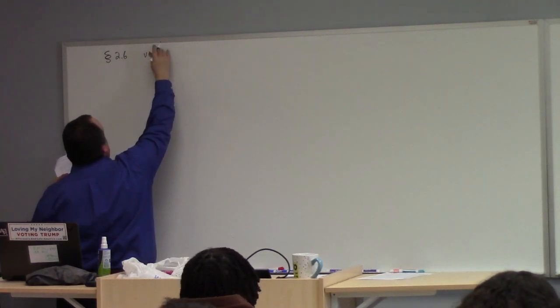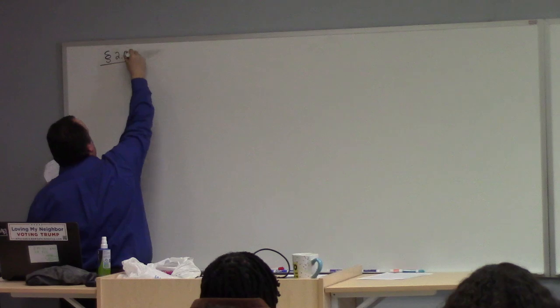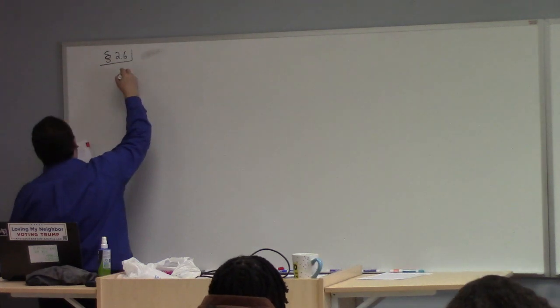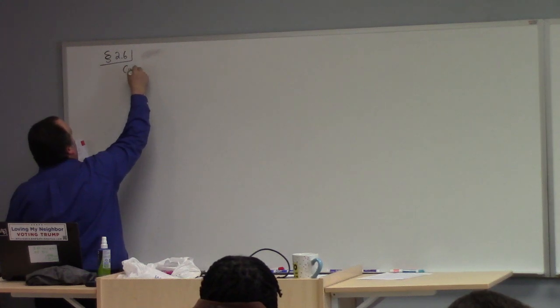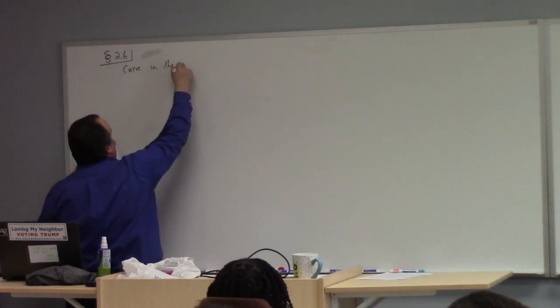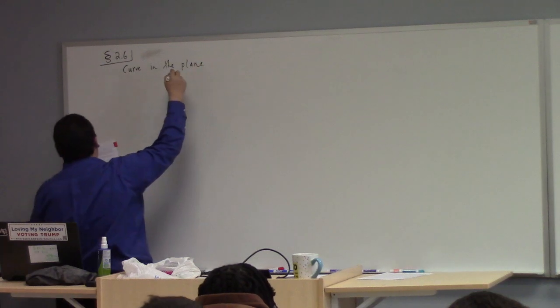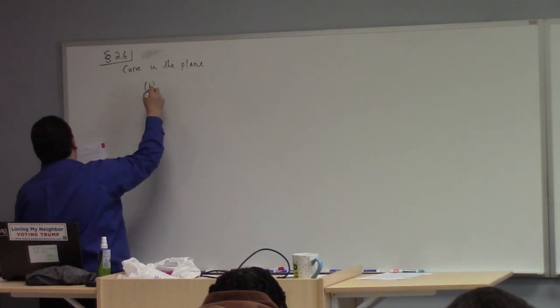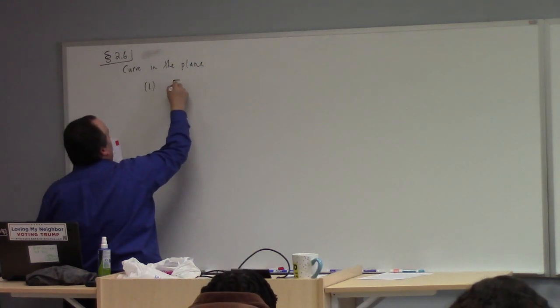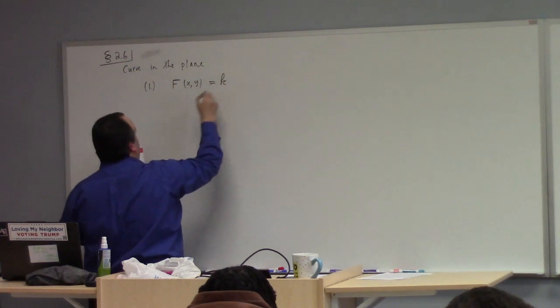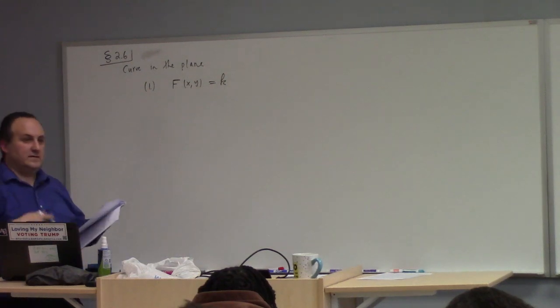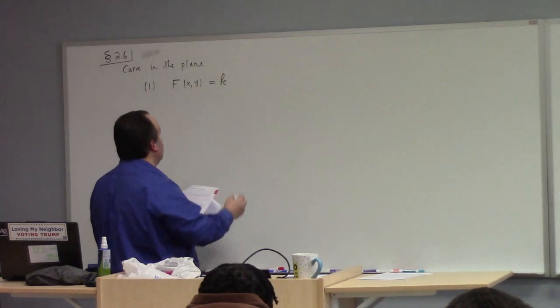Visualizations. Well, I'll just say section 2.6. So I'm going to begin by looking at, if we're talking about a curve in the plane, we kind of have two options, right? The one option is to look at an equation like f of x comma y equals k, right? The solution set to an equation is a level curve.